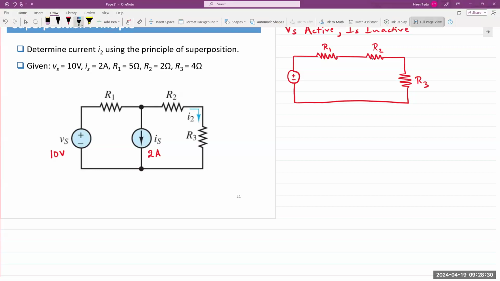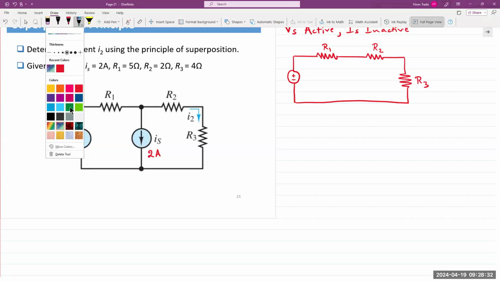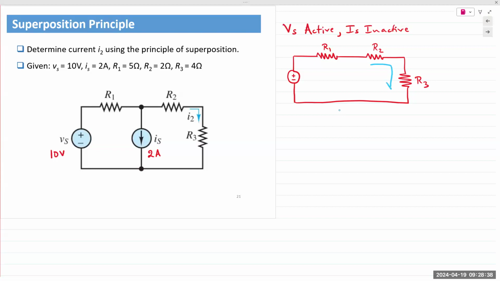Because only Vs is active, the component of I2, I will label it as I2Vs.